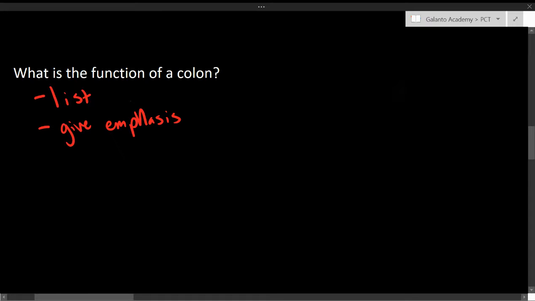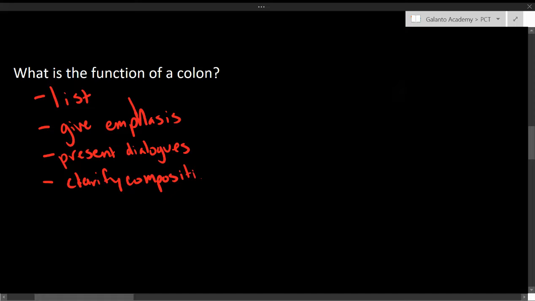Wow, let's see, large H. It can present dialogue, so we see it a lot in books, in articles, and it can clarify composition titles. So it might be introducing like the title of a book or a play or something. So we'll look at a few of the examples.